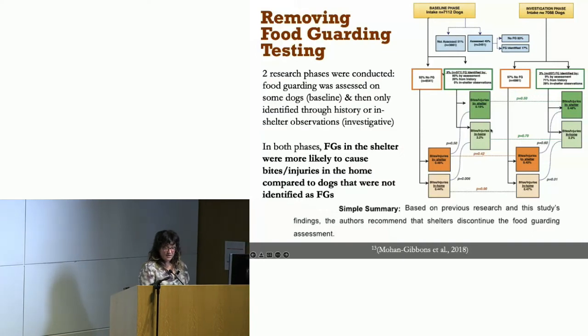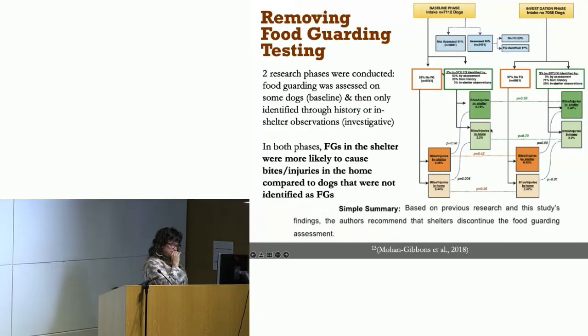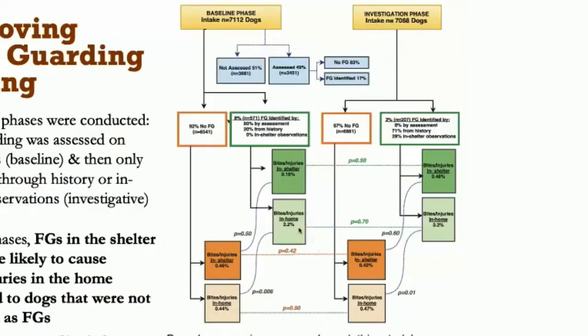So take a look, then, on the left-hand side, we have bites and injuries in the home when you have food guarding, when you don't have food guarding. That is statistically significant. Same thing applies when we remove the food guarding assessment. Bites and injuries in the home by dogs that were identified as food guarders is higher, statistically significantly, compared to dogs that don't have it.